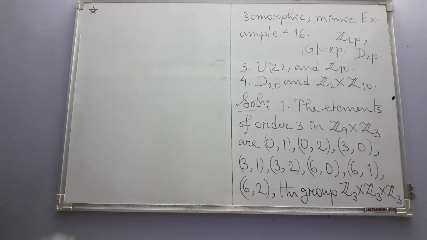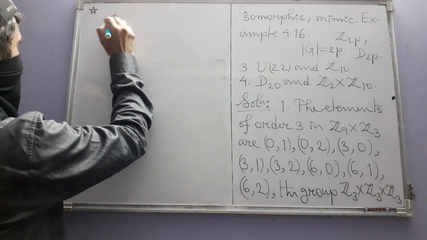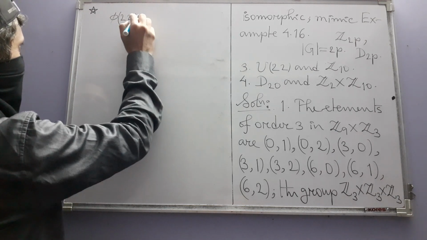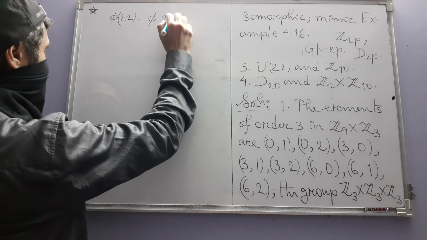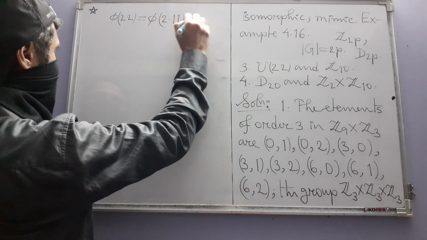So what I am saying is that you calculate phi of 22. So the prime factorization is 2 times 11.